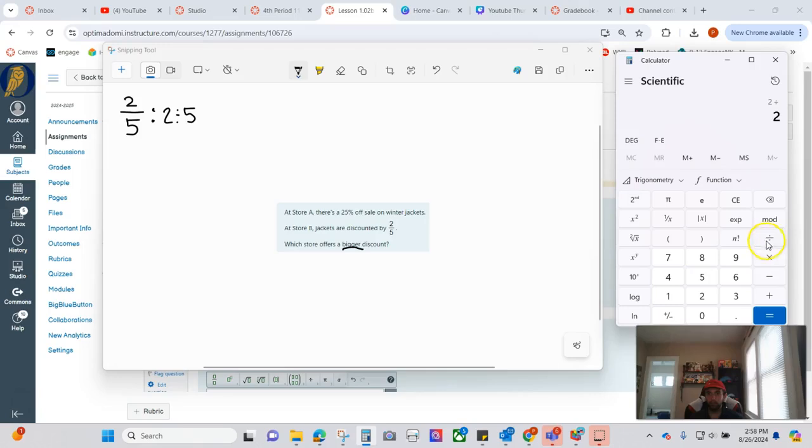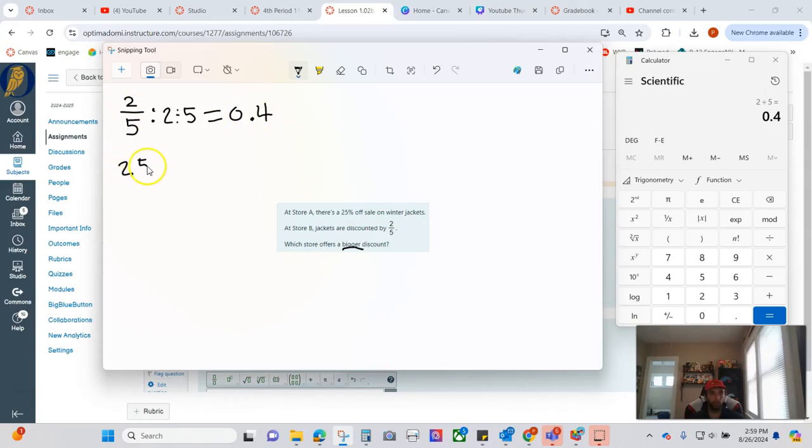2 divided by 5, top divided by bottom. 0.4. So 2/5 is the same as 0.4. Now let's see what 25% is.